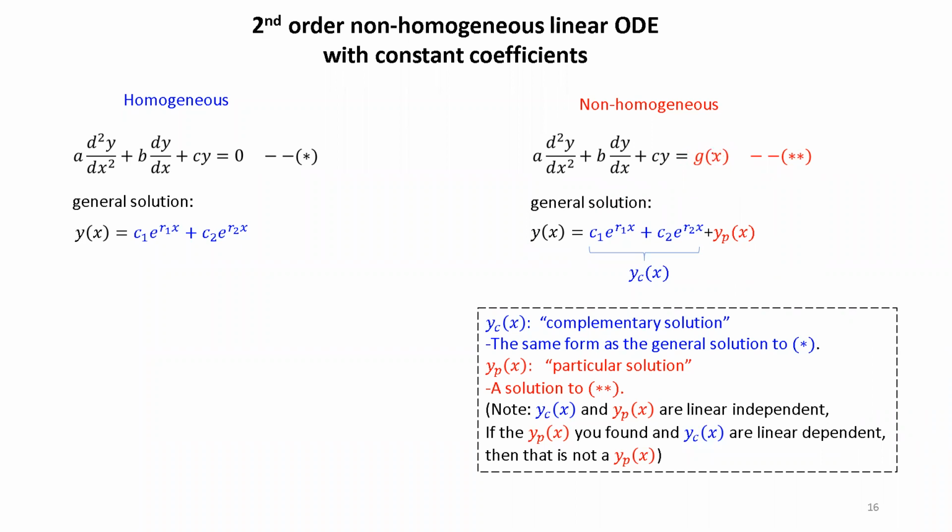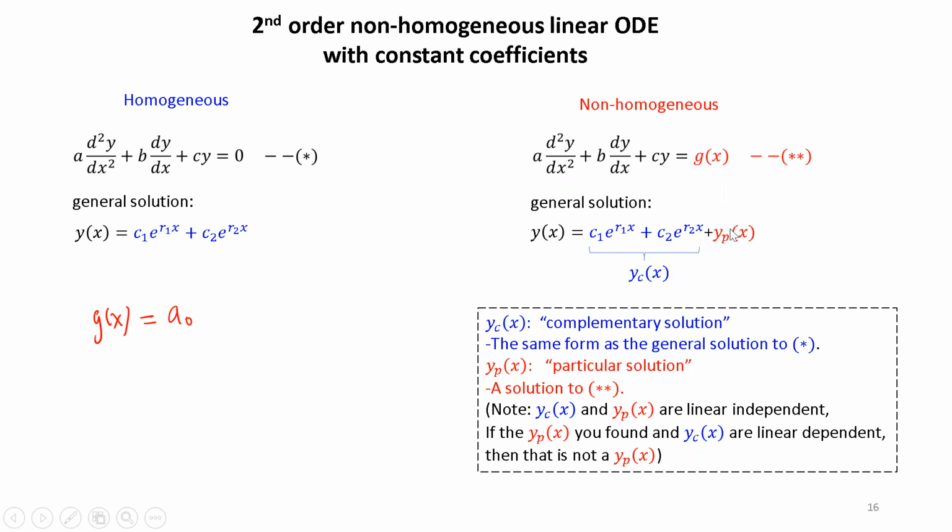I'll give you examples. Some common problems that you have seen are, for example, g(x) equals a constant, let's say a naught. Then what is the particular solution?